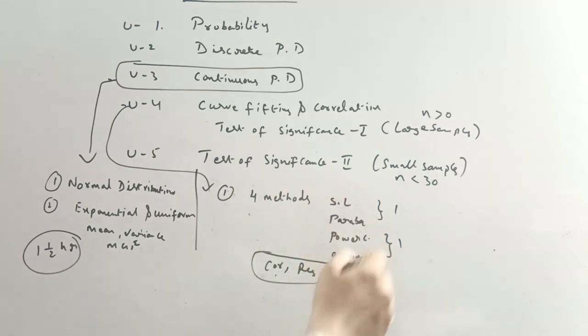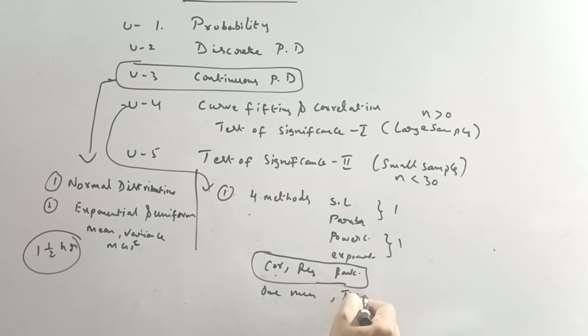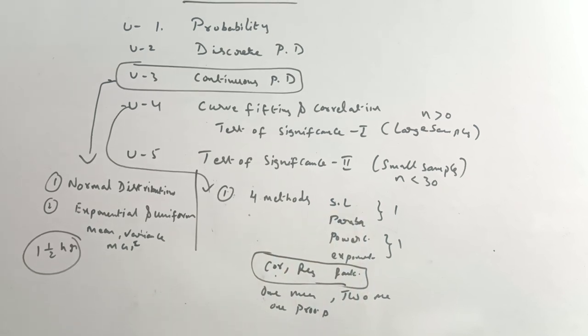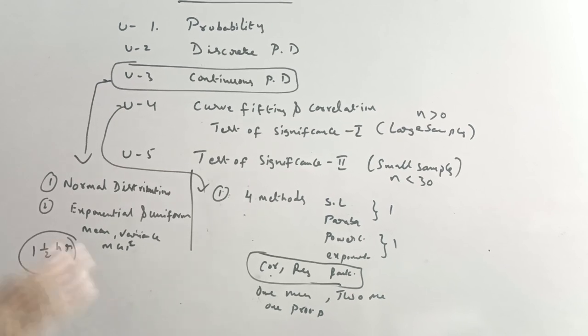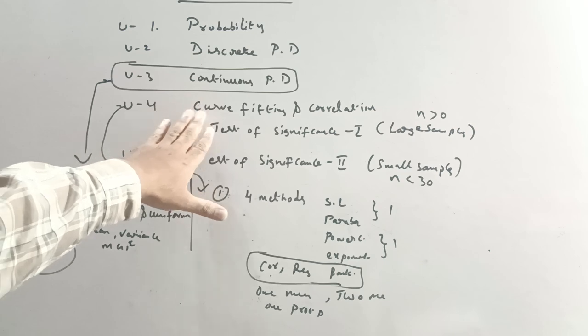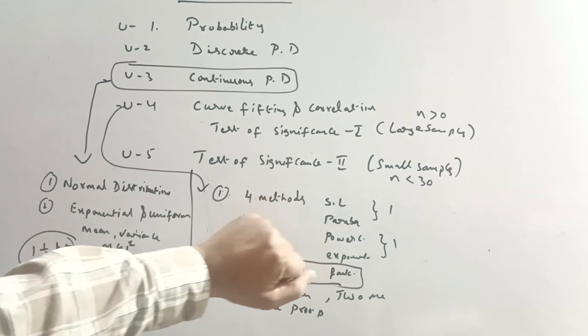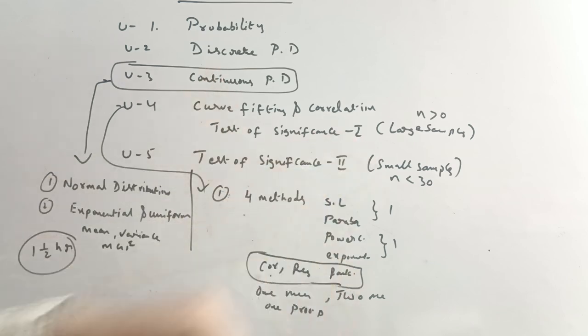Sometimes he will give a 7 marks question from 1 mean, 2 means, 1 proportion, 2 proportions, correct? So a total of 7 methods are there. You just practice those methods. First complete your normal distribution, then curve fitting, correlation, regression, rank correlation, then test of significance when n is greater than 30.